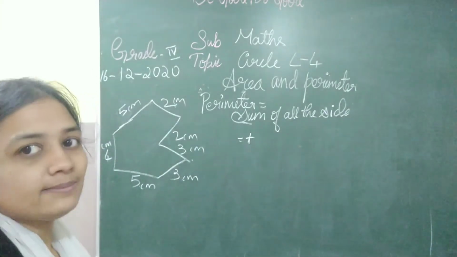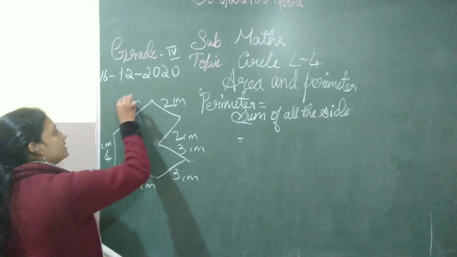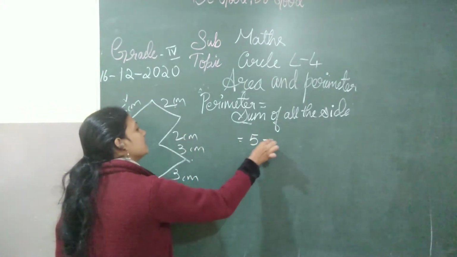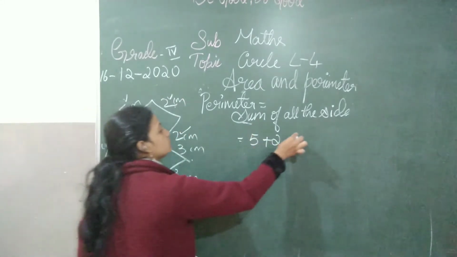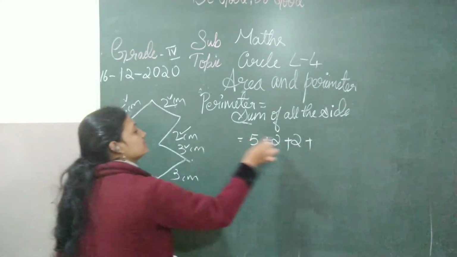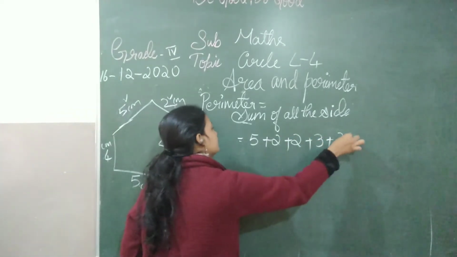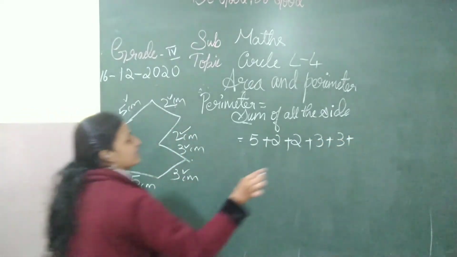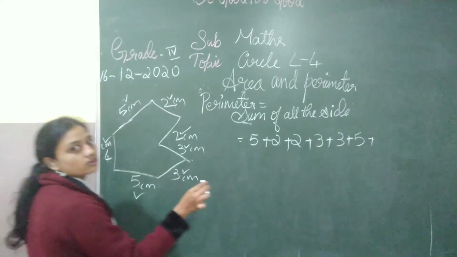So let us find the perimeter of the shape. Let's start from the first side here, 5. So 5 plus 2 plus 2 plus 3 plus 3 plus 5 again plus 4.